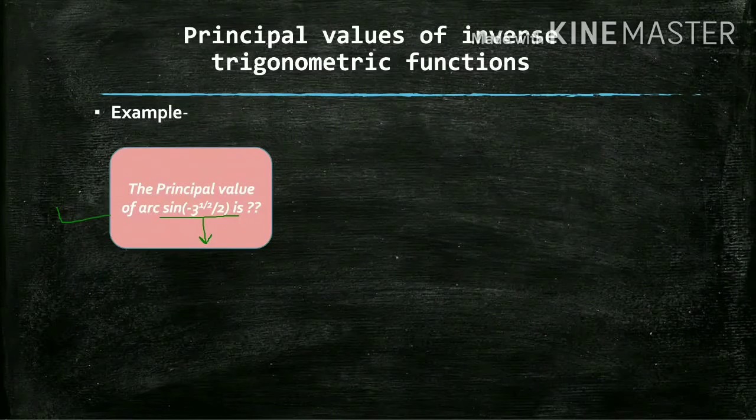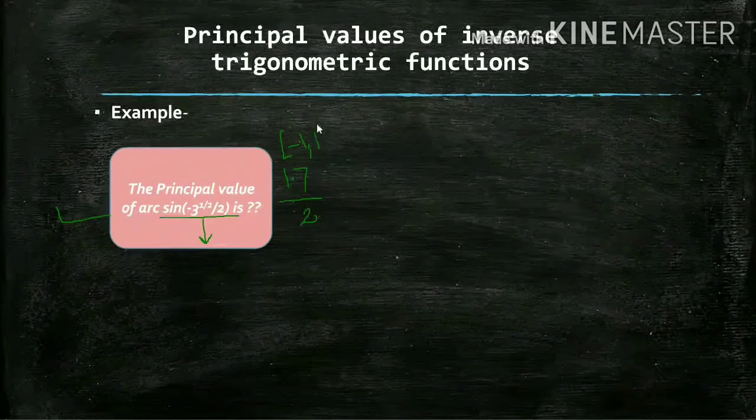It's not less than minus 1, because root 3 is about 1.7 and it is divided by 2. So it lies between minus 1 and 1, in the closed interval minus 1 comma 1. So we can say this is defined.